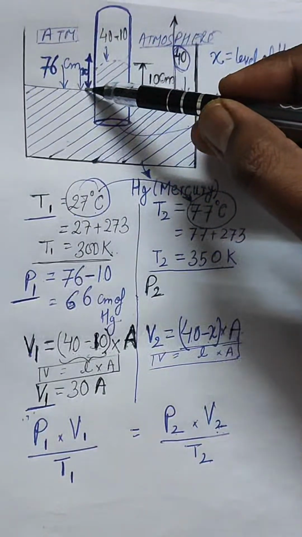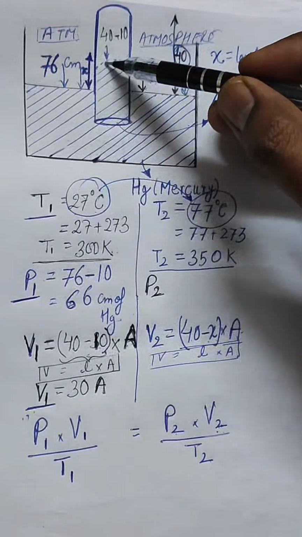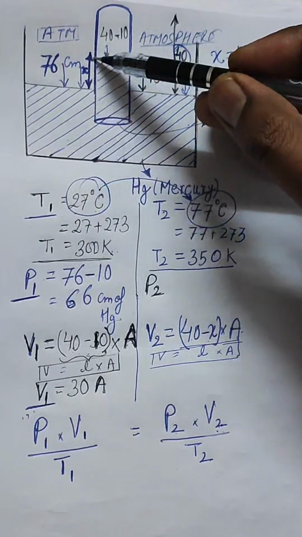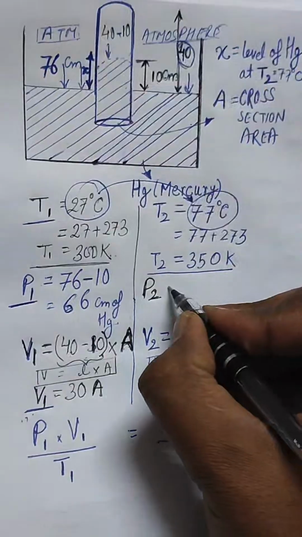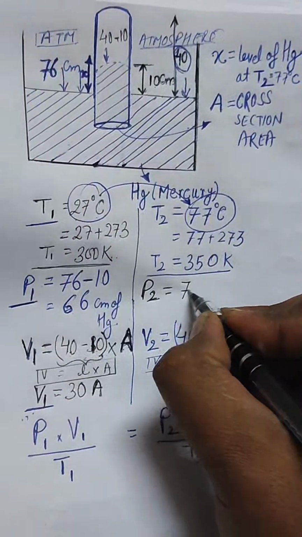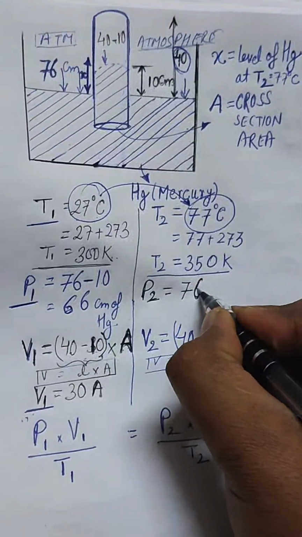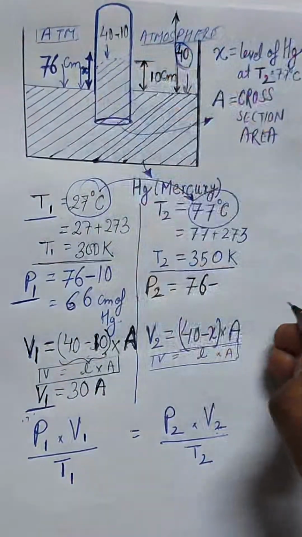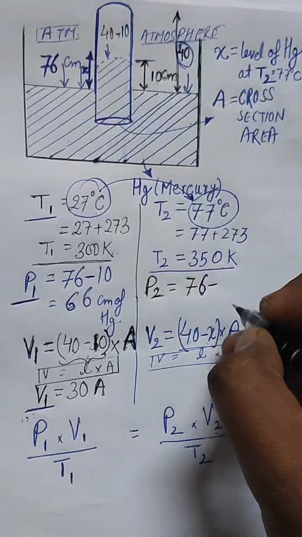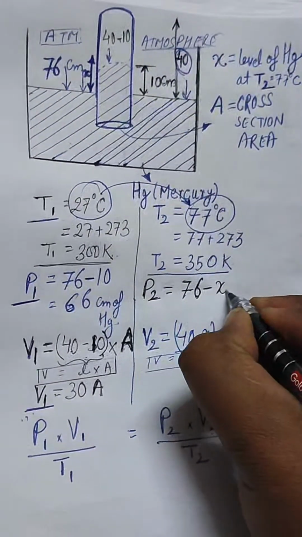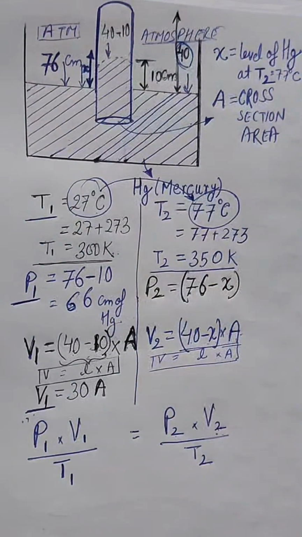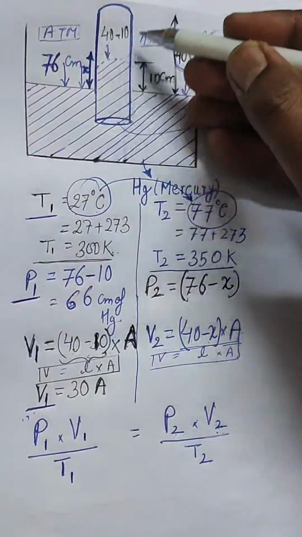Now when the layer of Hg has risen inside the test tube till x centimeter above it, then what will be the pressure? Definitely 76 atmospheric minus this layer, which is x, right? 76 minus x. This is the new pressure inside the test tube, right?